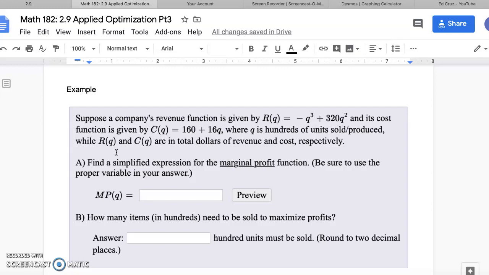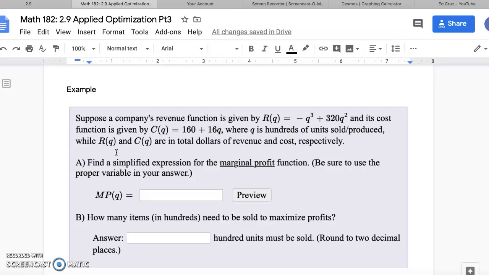So basically, Q stands for quantity, and R is revenue, and C is cost. Find a simplified expression for the marginal profit function. Be sure to use the proper variable in your answer. How many items in hundreds need to be sold to maximize profits?